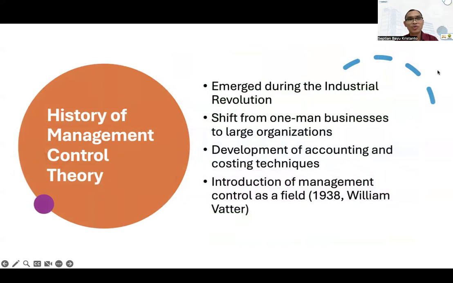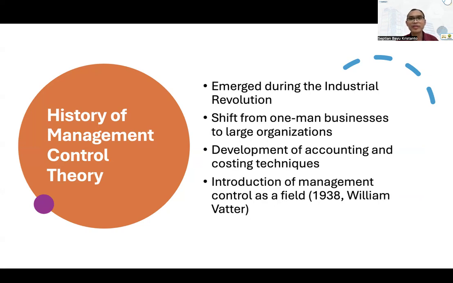With this information about management control, we need to know the history of management control theory. Since we are in institutions or big organizations, we have separations between business or commercial institutions and public sector institutions. So we start with the industrial revolution in the 19th century, which changed the shift from individual men in business to large organizations.